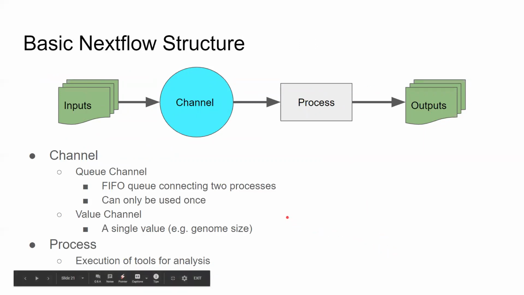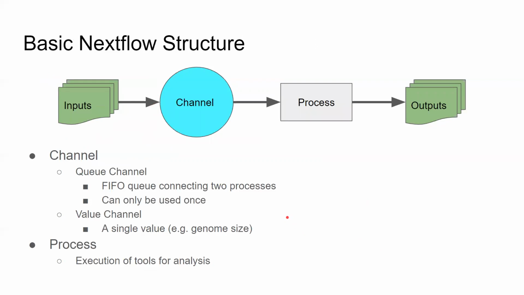This is just to give you a brief introduction and show some of the gotchas that I've run into with Nextflow. There are two types of channels. There's a queue channel, which is a first in, first out queue that connects two processes, and it can only be used once. There's a newer version of Nextflow where you can use channels more than once, but it's still under development.